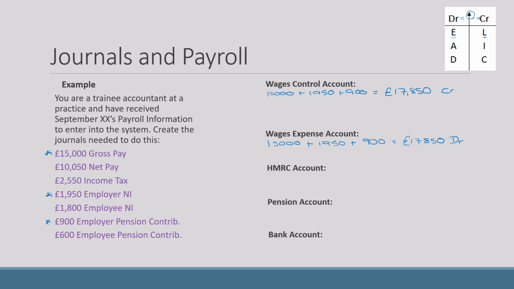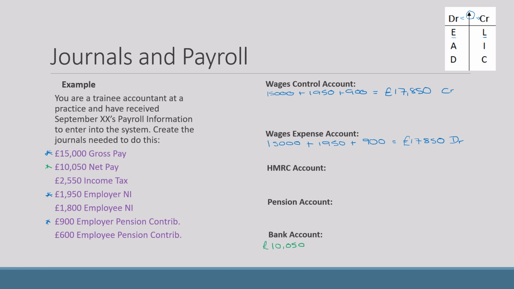So I'm going to change all the colours so you can see what we're using. So for our bank account then, all that's going to come out of the bank account is what our employees are actually going to be paid. So that's going to be their net pay. So the bank account is just going to have a £10,050 figure.